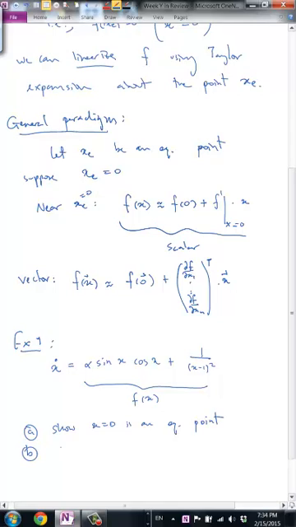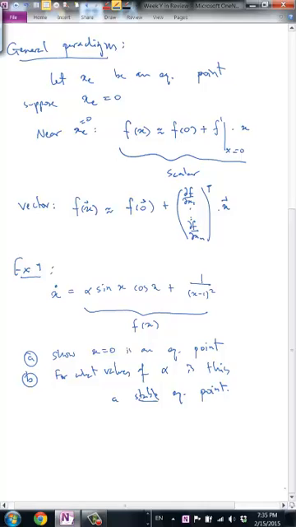And B, for what values of alpha is this a stable equilibrium point? This is very similar to the examples that we worked on in class. Well, how do we do it?